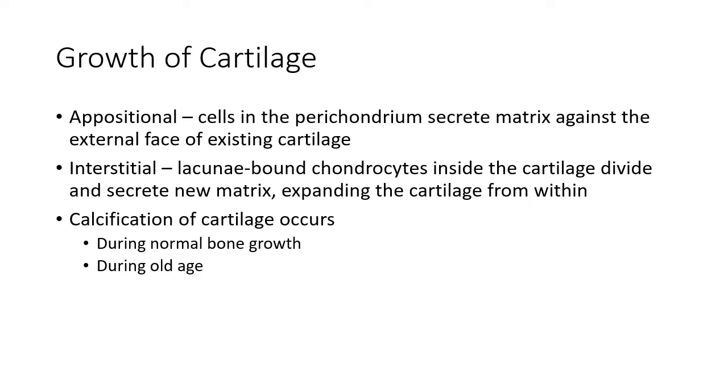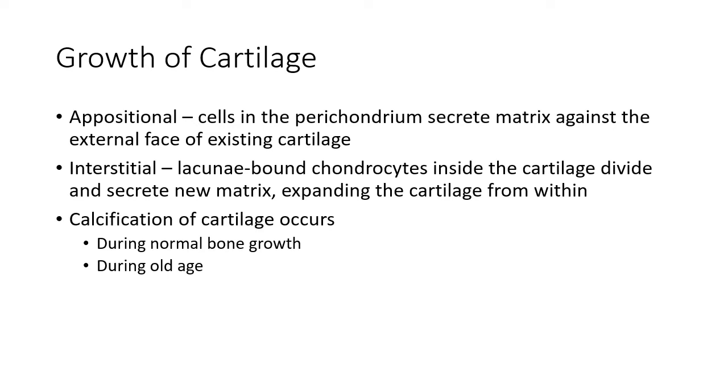Cartilage itself grows similar to that of bone in many ways, and so the initial growth of cartilage is going to have to grow essentially in width as well as growing in length and kind of expanding from within. And so we have appositional growth, and so this is where essentially the outermost aspect of the cartilage begins to just kind of grow more and more and more.